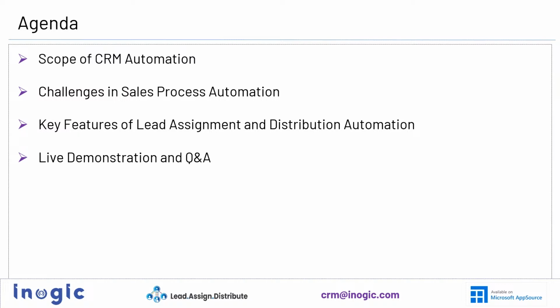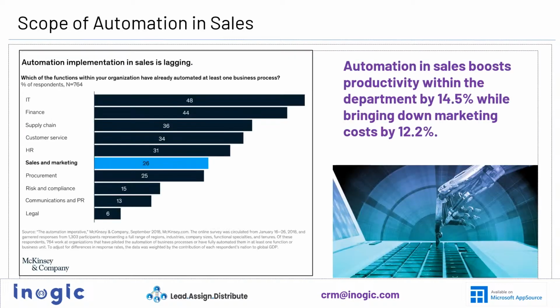Well, I was thinking about the scope of automation, and here's what I have found. A survey has provided an insight by claiming that automation in sales boosts productivity within the department by 14.5% while bringing down the marketing costs by a staggering 12.2%.